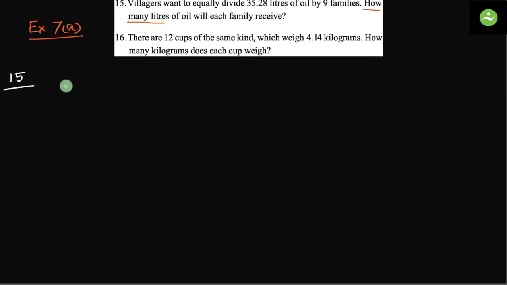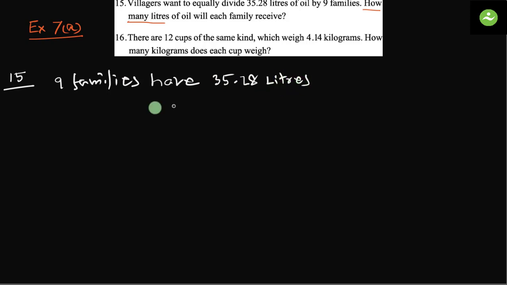So let us write: 9 families have 35.28 liters. Therefore, one family has, this is what you do, 35.28 divided by 9.